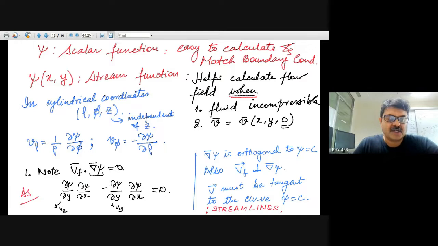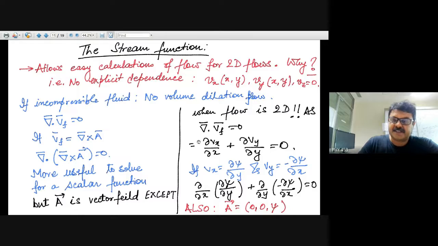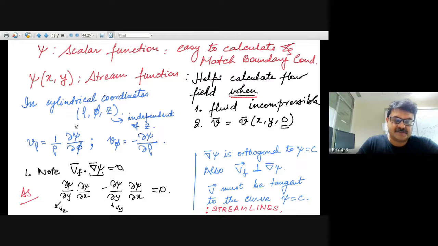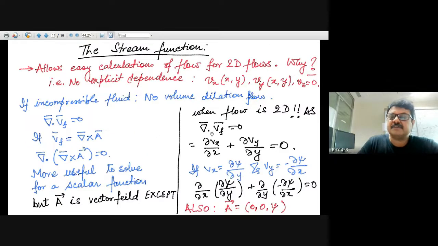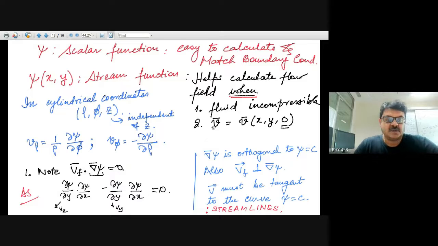If you take your divergence, you have to write down the expression for divergence. If you define it like this, then this condition will always be satisfied in cylindrical coordinates. But in this case, v rho will be defined as 1 by rho del psi del phi, and v phi will be defined as minus del psi del rho.